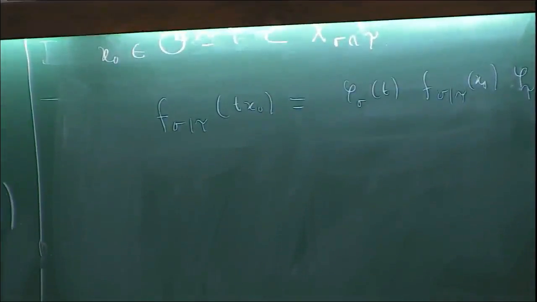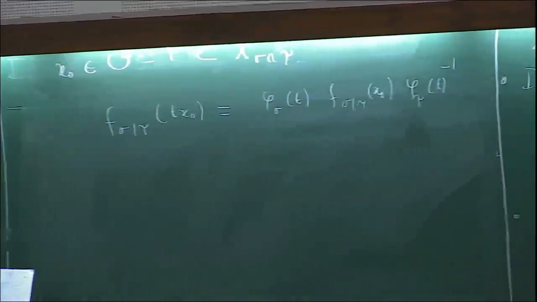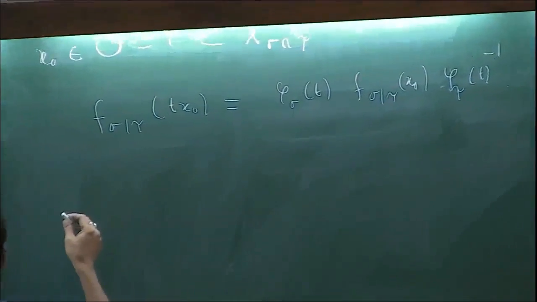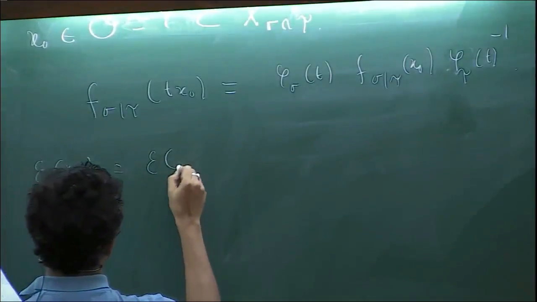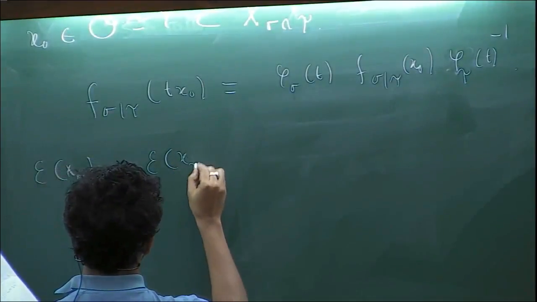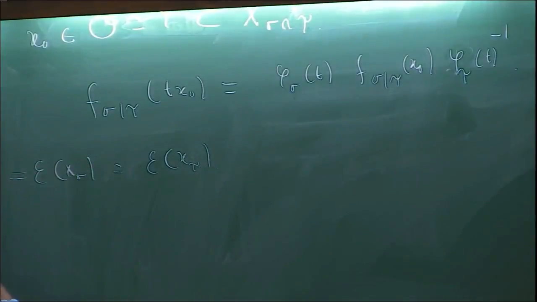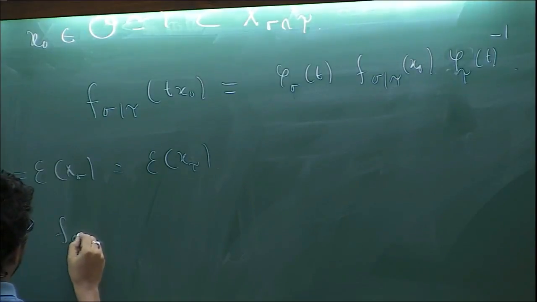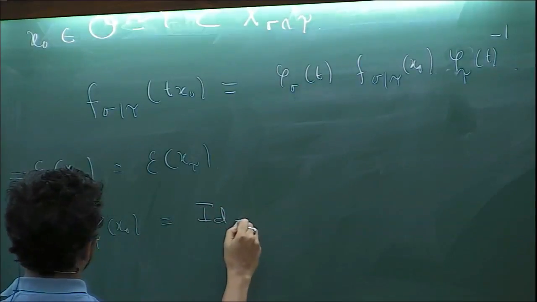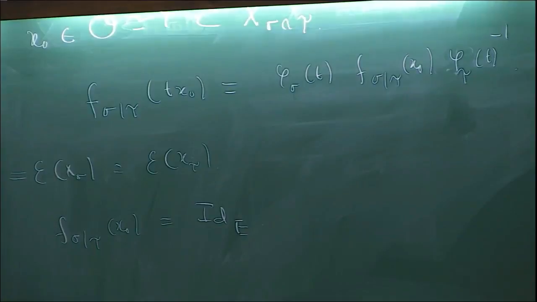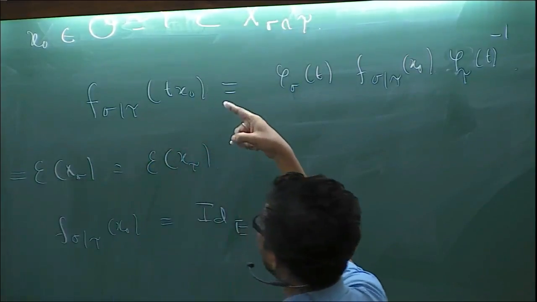Right. Now you have to make a little bit of adjustment. You have to identify all these fibers, but I'll not go into that. You can believe that this can be done. So this is my E, and f_sigma,tau(x naught) is taken to be the identity on E. So this is in the open orbit.